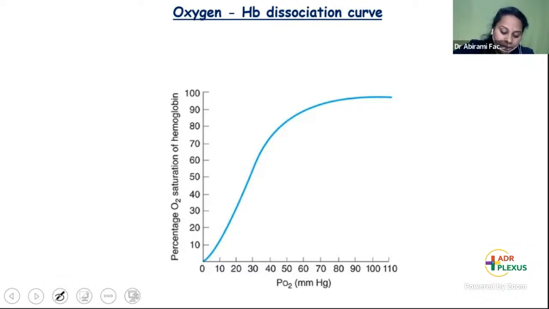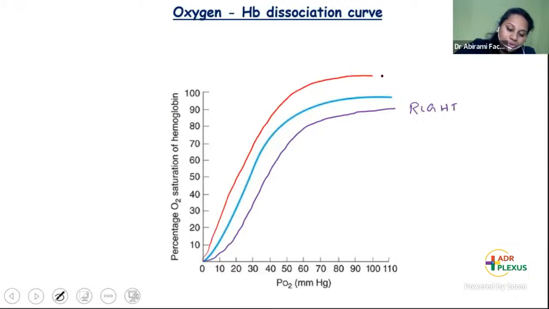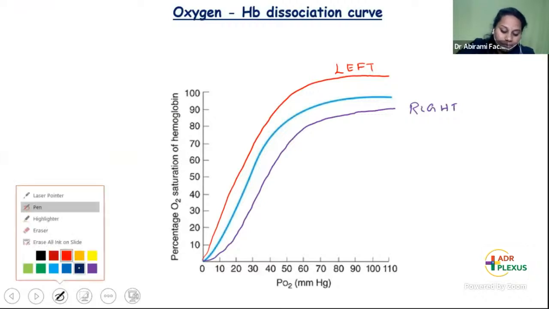The curve can be shifted to the right like this, so that is called the right shift of the curve, or it could be shifted to the left like this. This is called the left shift of the curve.